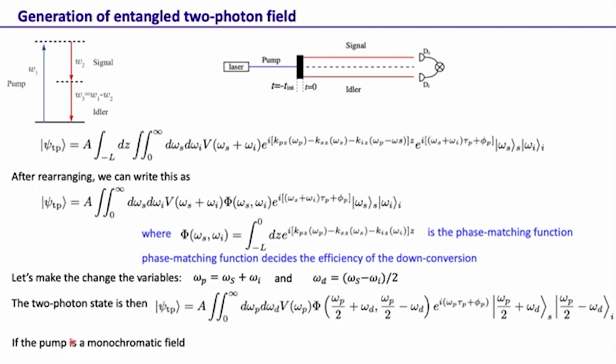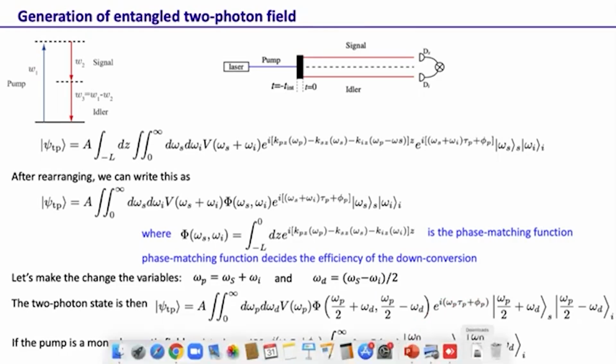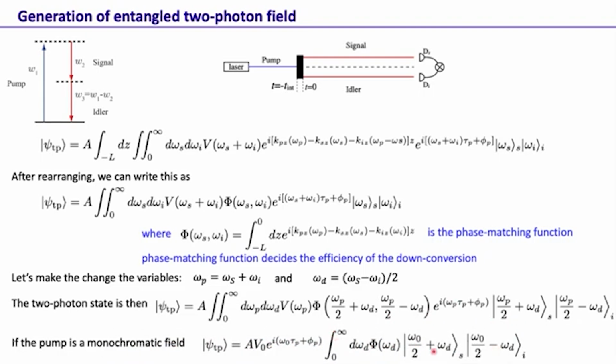Now suppose the pump is a monochromatic field of frequency ω_0. Then this integral over ω_p can just be replaced by a number over here, just V_0, and this term then just comes out with ω_p getting replaced by ω_0, and we are left with just this single integral. And this is the signal state and this is the idler state.